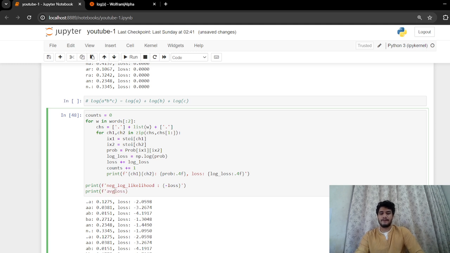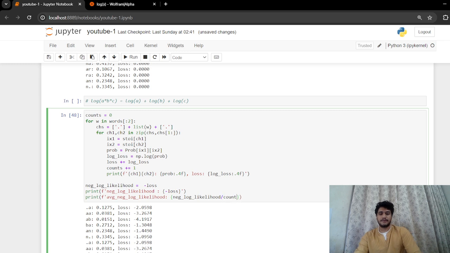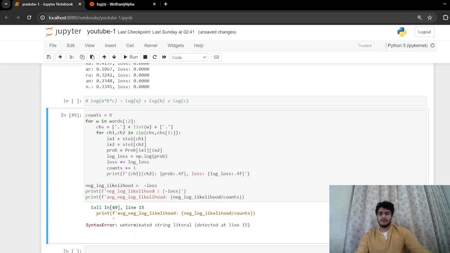So the average of the negative log likelihood, basically the negative of the loss, has to be divided by counts.